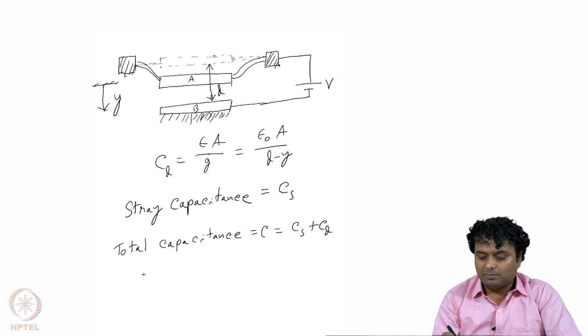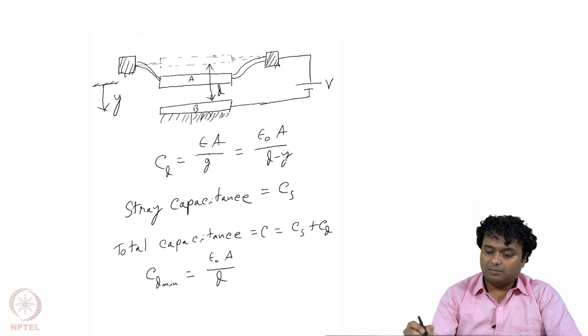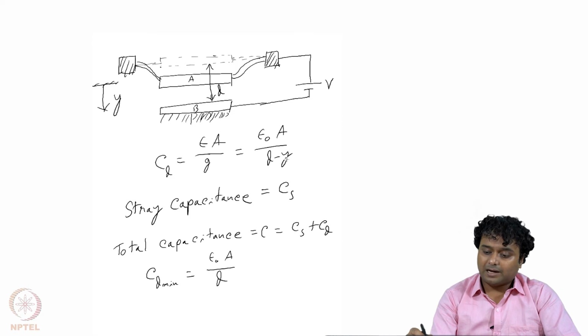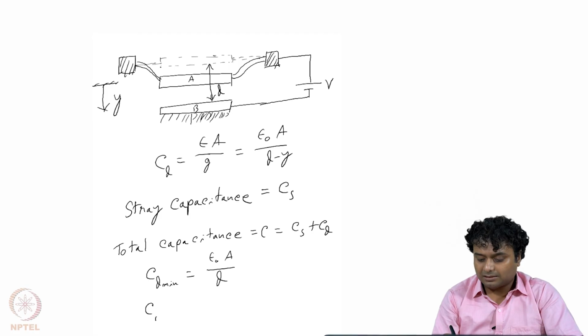Now what is the minimum value of device capacitance? CD min is equal to epsilon naught A by D, because y can be 0, the deflection can be 0 while it is not deflected at all. So this is CD min. What is CD max?